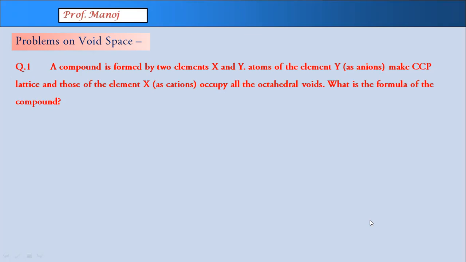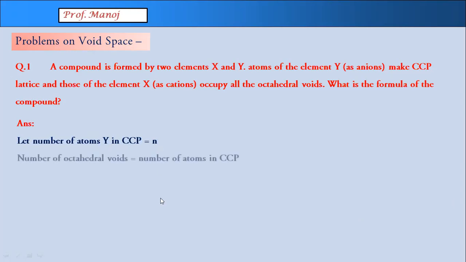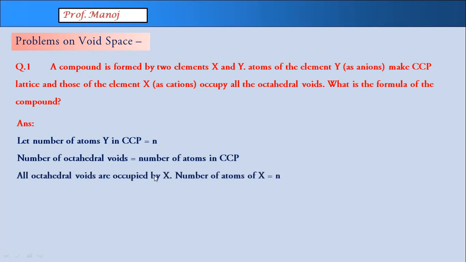What is the formula? अभी एक ट्रिक आप लोग इसमें याद रखो ये प्रॉब्लम सॉल्व करने के टाइम. आपके पास जो एनायंस होगा Y जैसे एनायंस है, काउंट द नंबर ऑफ एनायंस एज द नंबर ऑफ एटम्स. जैसे इसके एटम्स है सपोज n. नंबर ऑफ ऑक्टाहेड्रल वॉइड्स इज ऑलवेज नंबर ऑफ एटम्स एंड octahedral voids they are saying is occupied by X. So X का नंबर भी होगा n. तो इनका रेशियो हो गया n:n, that's 1:1. Formula of the compound becomes XY.